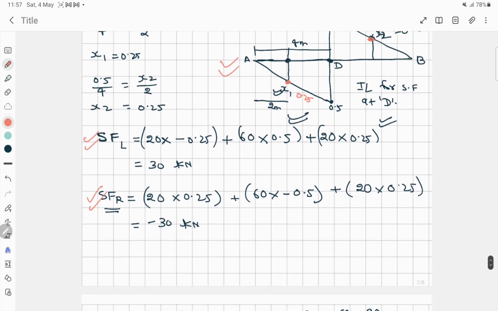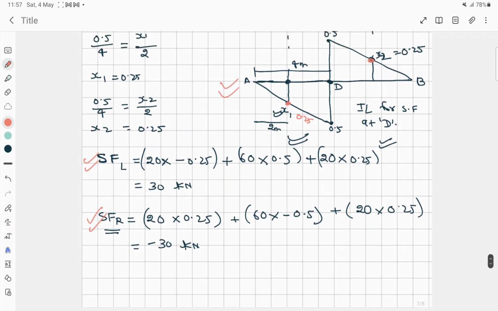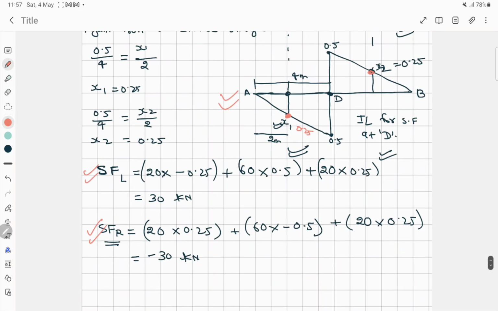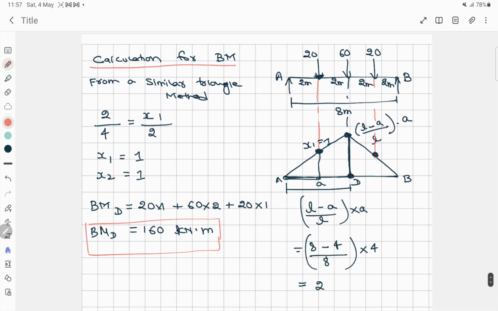After getting those values, we have to find the shear force from the left side as well as from the right side. Here also we multiply the load and the ordinates. Likewise we got the values, that is 30 and minus 30 for the shear force on the right side.